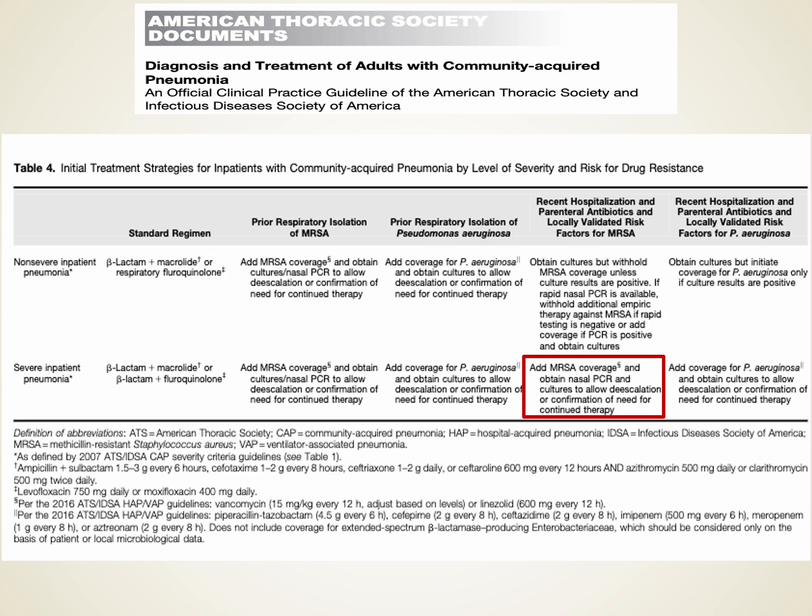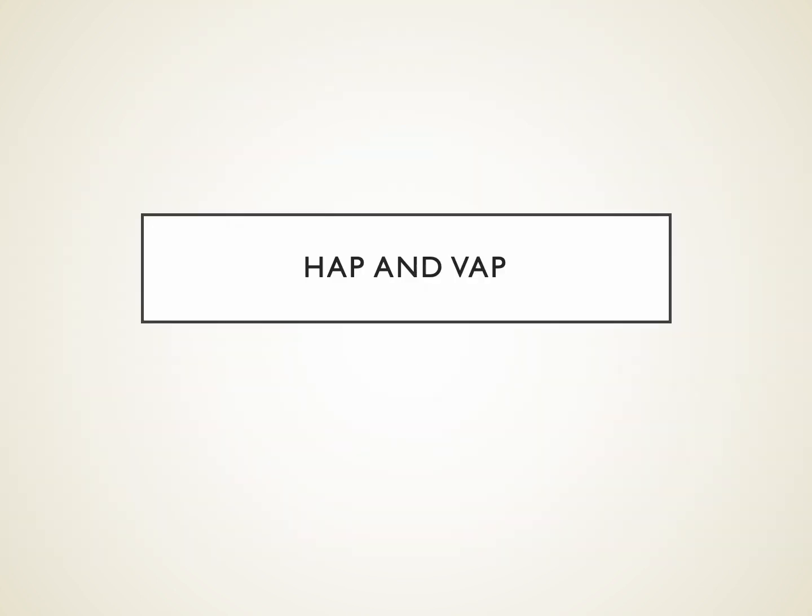Okay, so that's community-acquired pneumonia in a nutshell. For hospital-acquired and ventilator-associated pneumonia, there are different guidelines. There are older 2016 guidelines here.